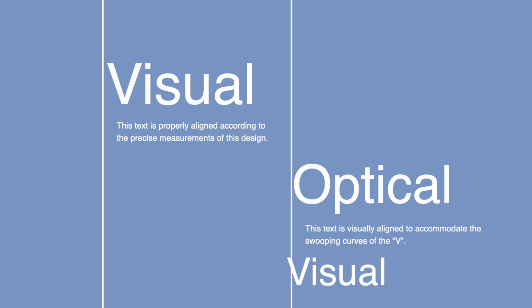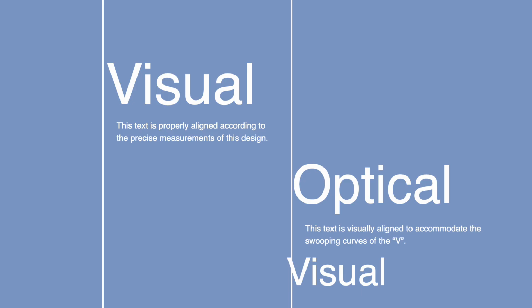Sometimes an element can be properly aligned based on the measurements, but it appears misaligned because of the design of the specific element. This might be the curve or the shape or the size of an element. And the elements that we're referring to in this example are the text or the letters in the text. This is particularly common with rounded elements like circular shapes or large curvy or curly letters.